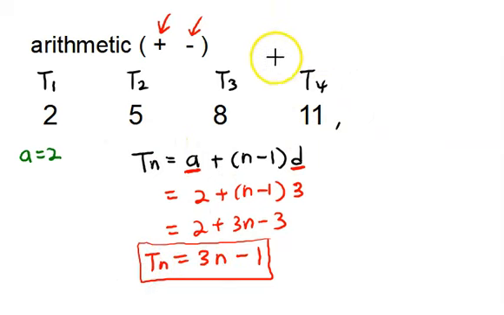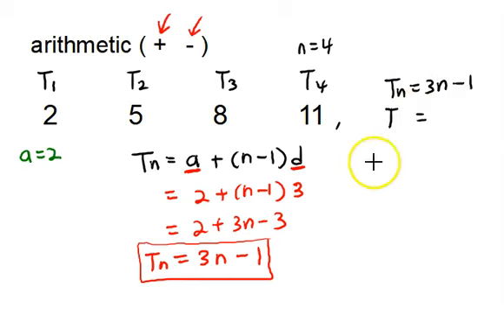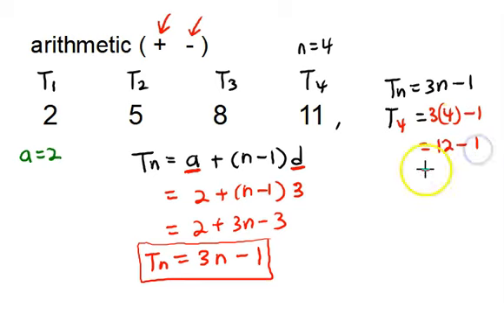We just have to use an example, say the fourth term. The fourth term means its n is 4. So we write down this equation and replace n with 4. So here we have 3 times 4 minus 1, so 12 minus 1, which equals 11.